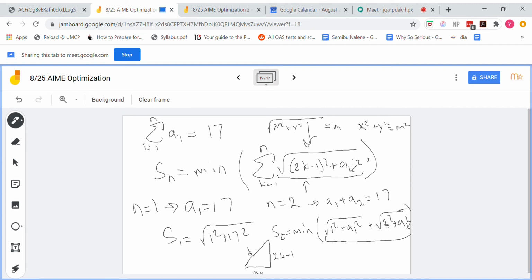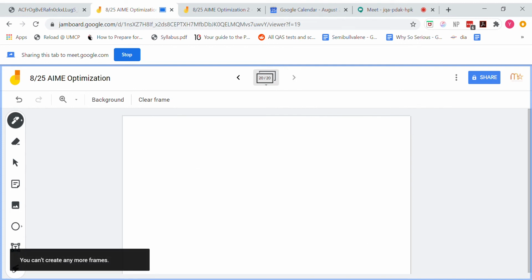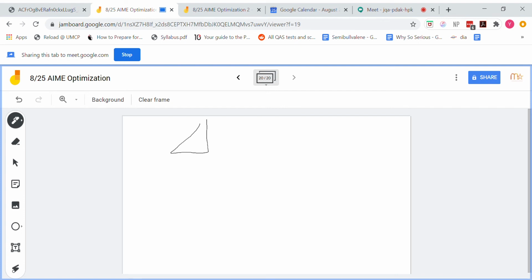And so if we make n such right triangles with side lengths a_k and 2k minus 1, then each of the terms in the sum for s of n corresponds to the length of a hypotenuse, correct? And so what we're trying to find is the minimum possible value of the total length of these hypotenuses.